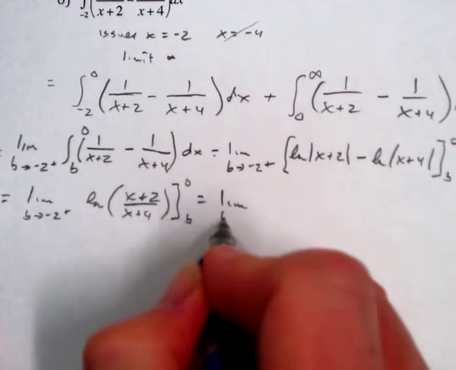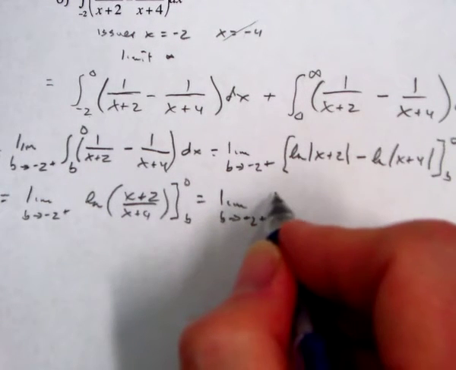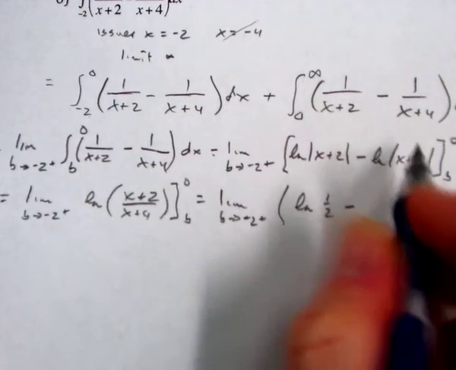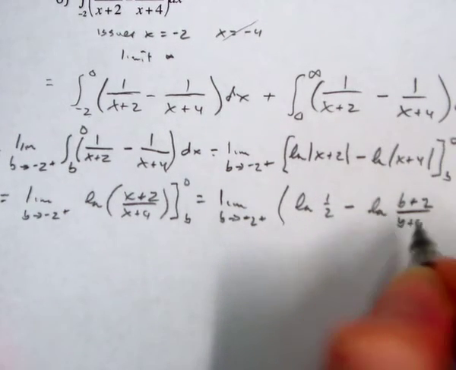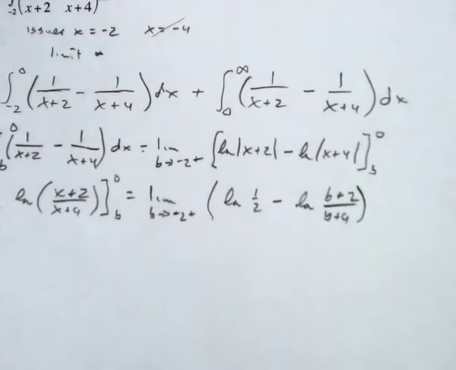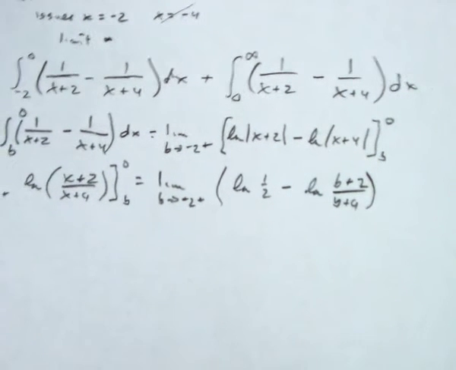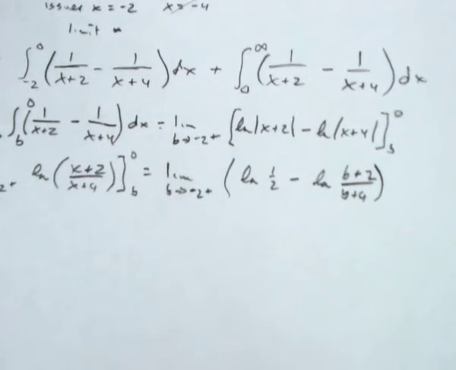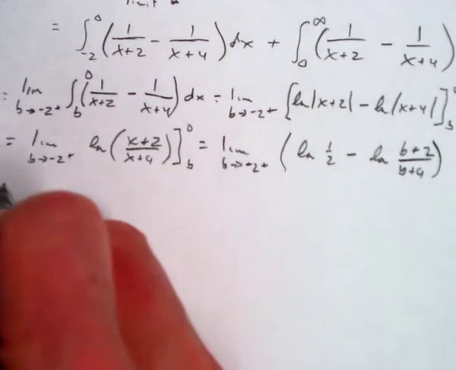Let's try to do that now. So when we plug in 0, we get ln of a half minus the ln of b plus 2 over b plus 4. Now we need to do that one. We have ln of a half is the same as negative ln of 2.